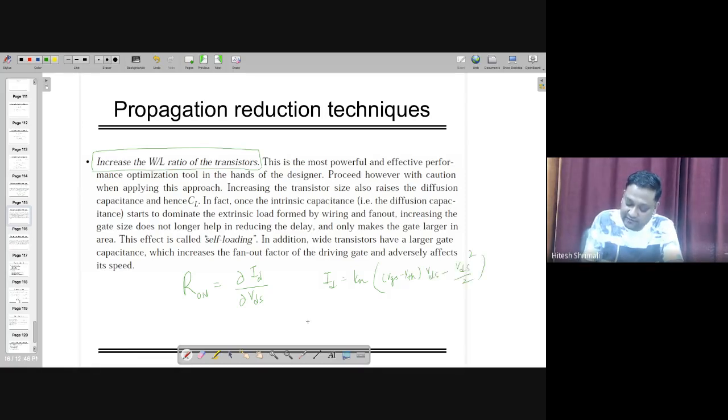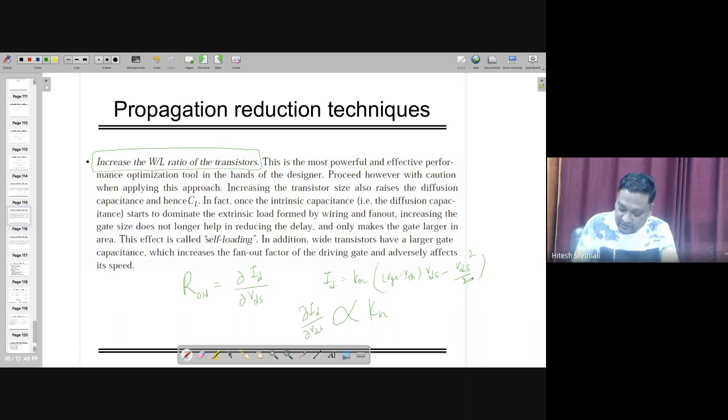If you derive it, all these are constant. You have to take the derivative of that and you will get the answer. You will see that it's only W by L. So it's coming in proportion to Kn when you are taking del ID by del VDS.